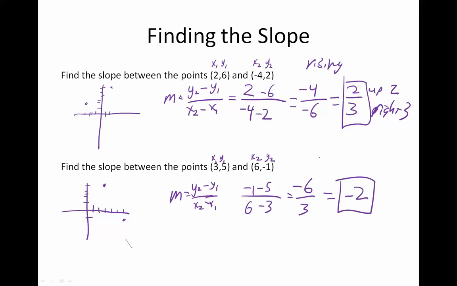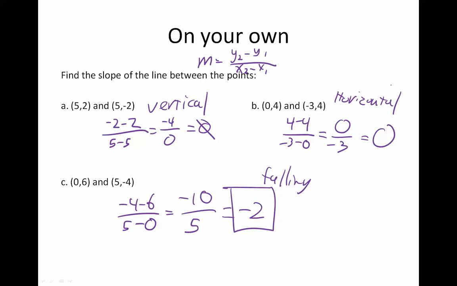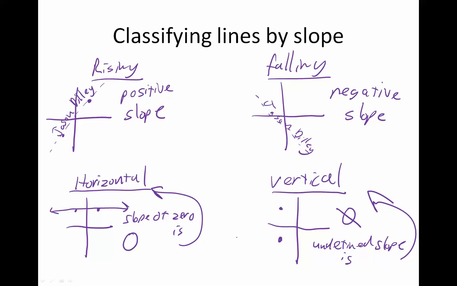And this is a negative, so it's a falling line. Okay, so you can see that in the pictures on all of these as well, right? Horizontal, vertical, etc. Vertical, horizontal, falling. So depending on the number, we can tell if a line is rising, that is going up, falling, going down, horizontal, straight across, or vertical, straight up and down.